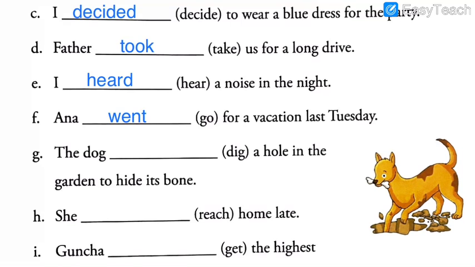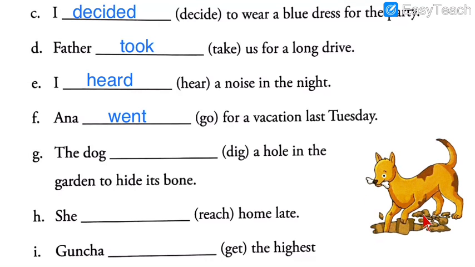So here the next question is question G. The dog dashed a hole in the garden to hide its bone. So what is the past tense of the verb dig? If you can see, the dog is digging a hole.